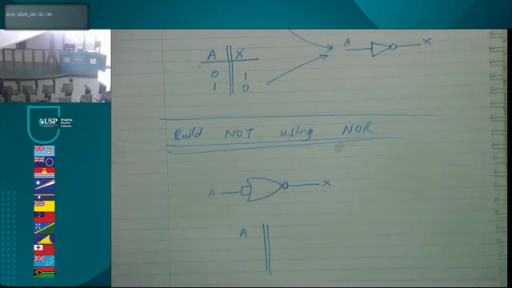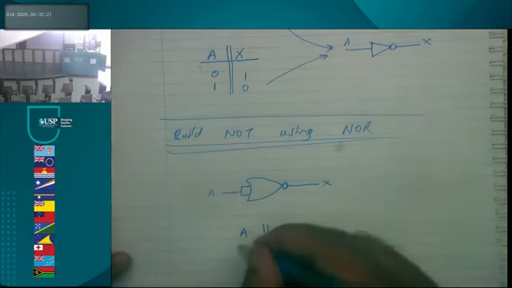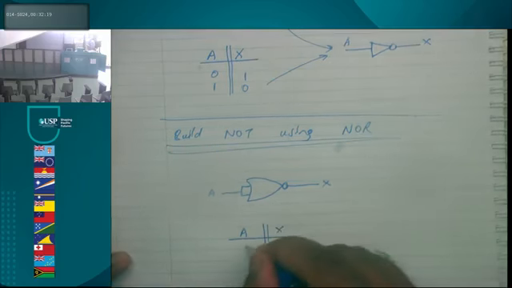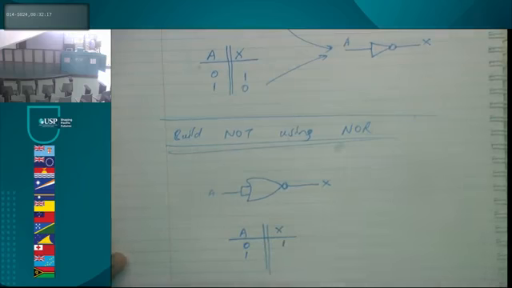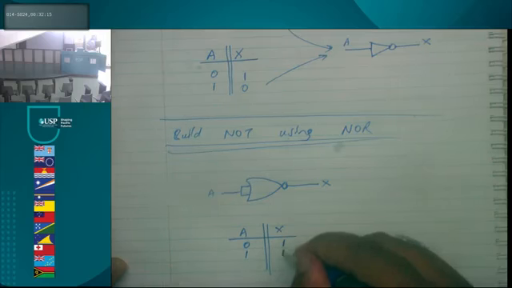I want you to remember from your previous studies. 0 OR 0 gives you 0, but 0 NOR 0, you invert that 0, you get a 1. Right? 1 NOR 1 will give you 0.